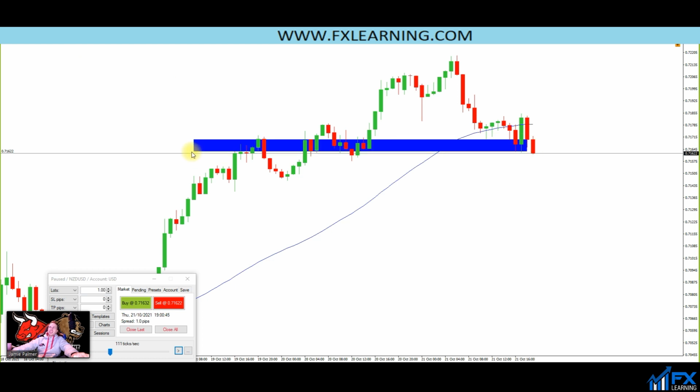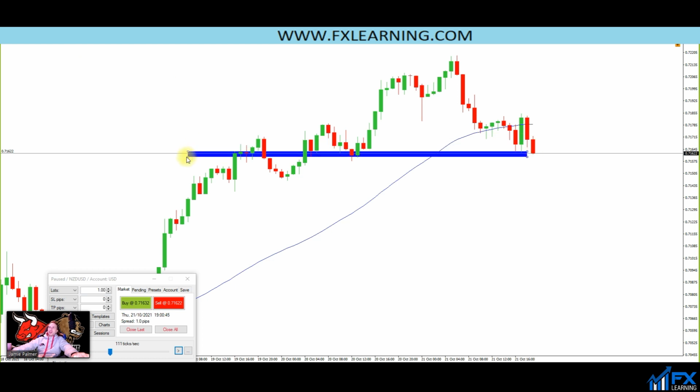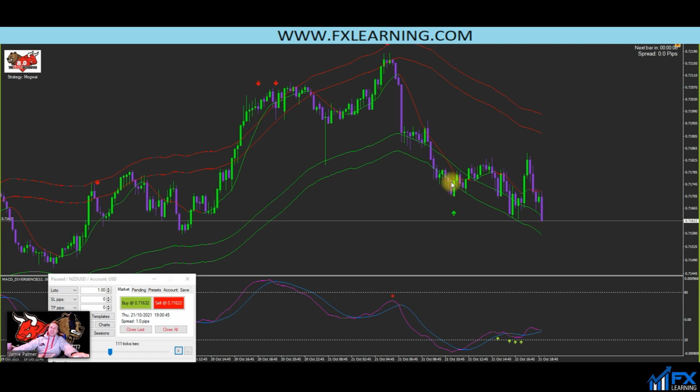And as you can see, that little green candlestick is in fact this candle here, but we're not going to be taking those trades.